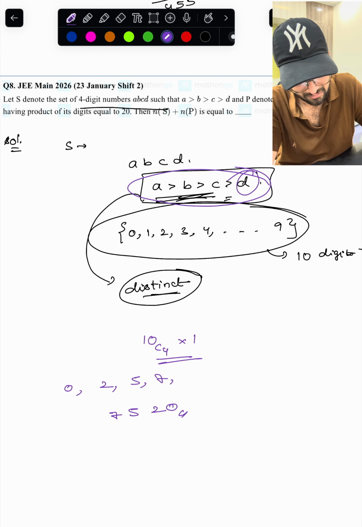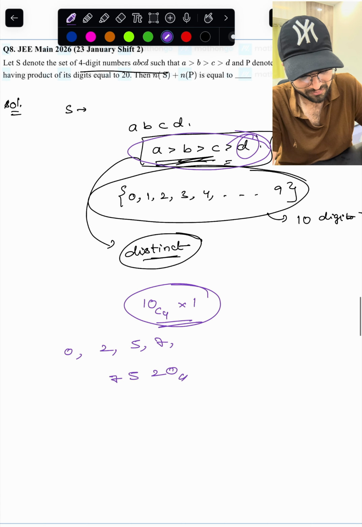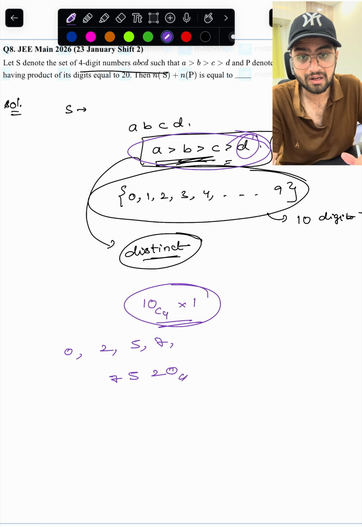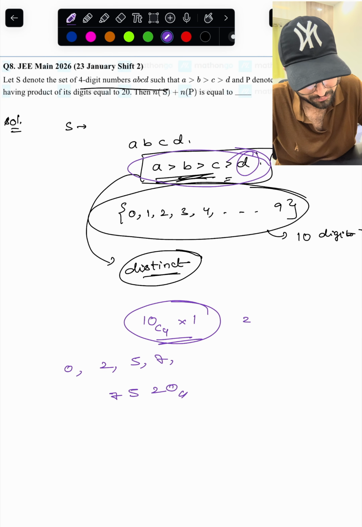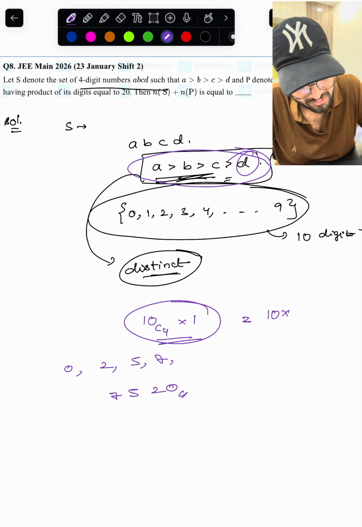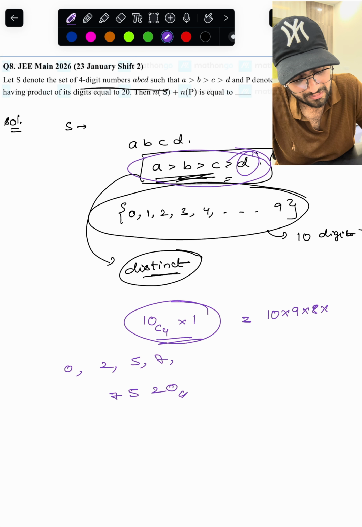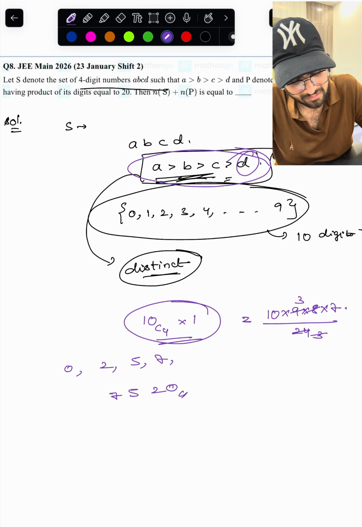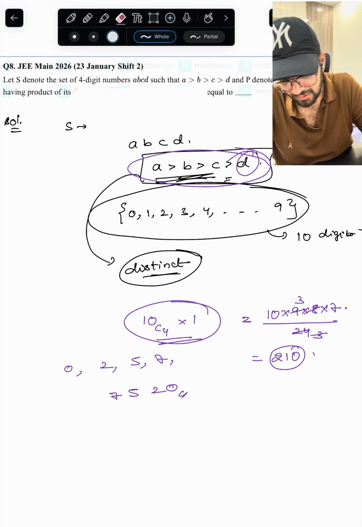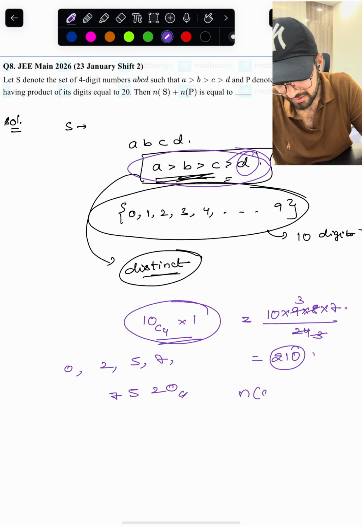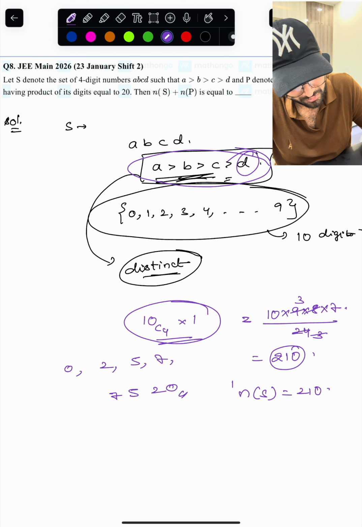One way only. So the number of ways is 10C4. 10C4 means 10 into 9 into 8 into 7 by 4 factorial, which is 24. 8 times 3 is 24, so it is 210. So n of S is 210.